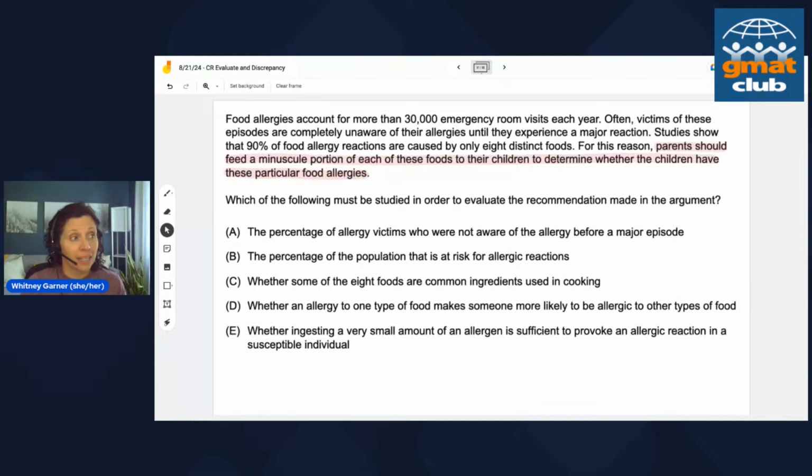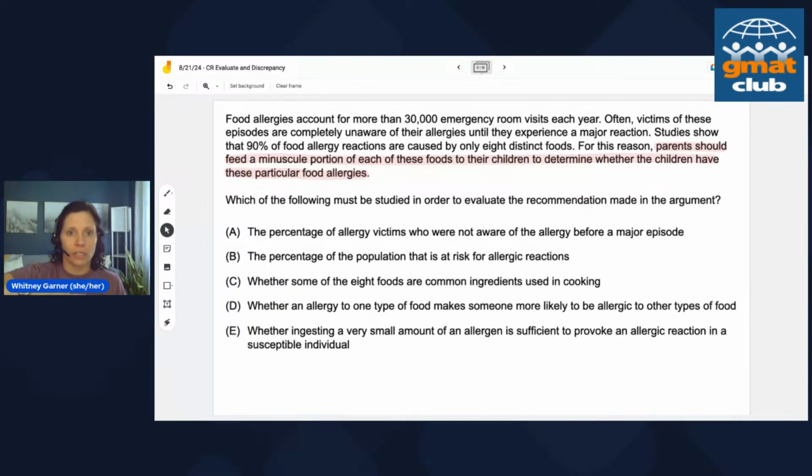The argument is claiming that 30,000 is a lot and that we could prevent a lot of those by making people aware of their allergies. Okay, so knowing that the percentage is 10 or 12 or 17 or 23, knowing that exact percentage doesn't change my opinion of the argument.